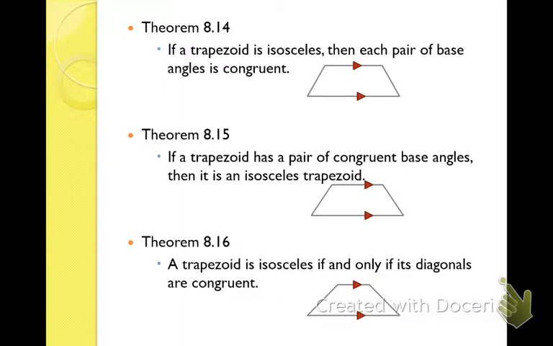Some theorems about trapezoids. If a trapezoid is isosceles, then each pair of base angles is congruent. We talked about that, right? Each pair of base angles is congruent.